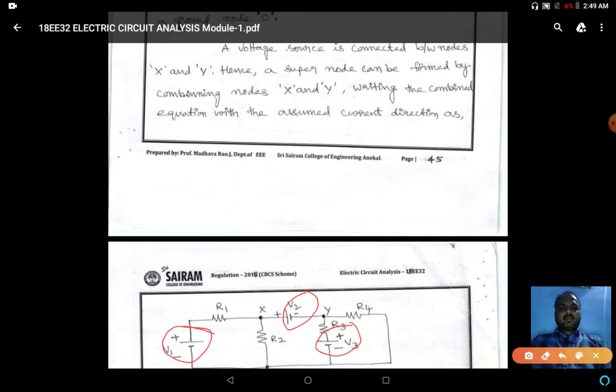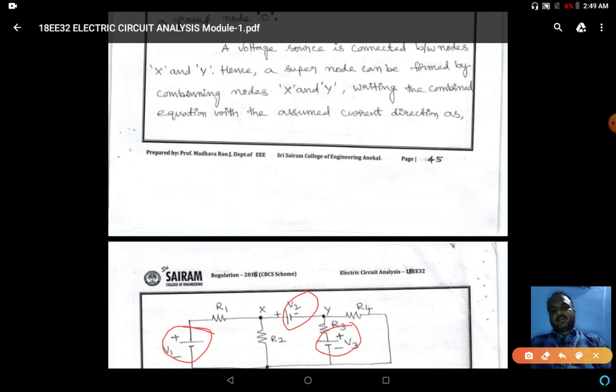Like this, if the circuit has a voltage source between two nodes, we cannot solve by using nodal analysis. We need to go for super nodal analysis, right?